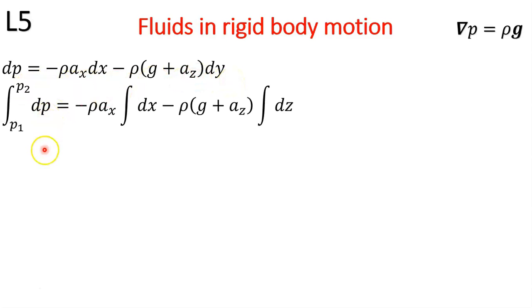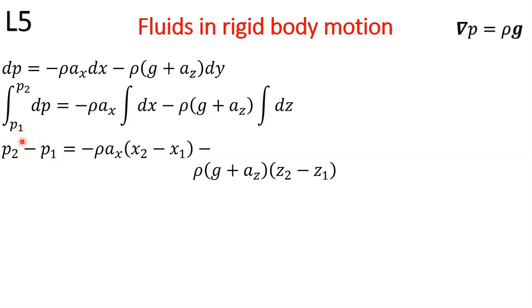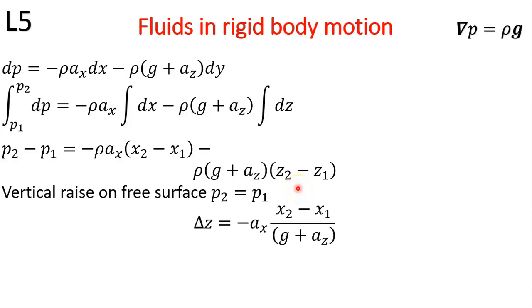Now we can integrate on both sides and we find that p2 minus p1, the integral of dp, upper limit minus lower limit, is equal to minus rho ax into x2 minus x1, minus rho into g plus az times z2 minus z1.